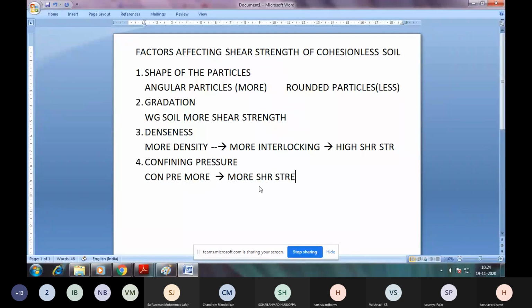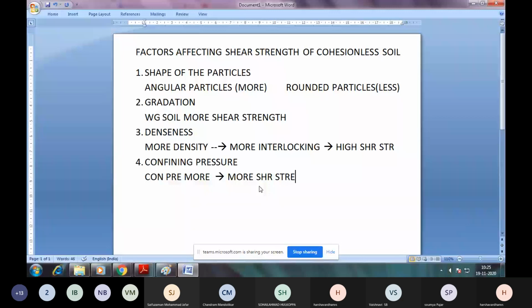This is when you are conducting an experiment in the lab. But when you come to the field, the actual reality, for a range of confining pressure in common field problems, the effect of confining pressure is insignificant. So confining pressure affects the shear strength only in laboratory conditions.